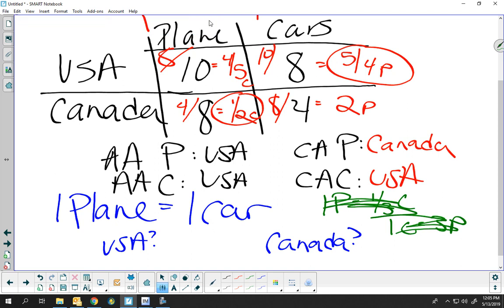If I made a plane by myself, I'd have to give up 4/5 of a car. Now this trade agreement says one plane costs one car. Are they going to be happy or not happy with this trade agreement? Not happy. This trade agreement is making them give up a full car, and by themselves they only have to give up 4/5 of a car.